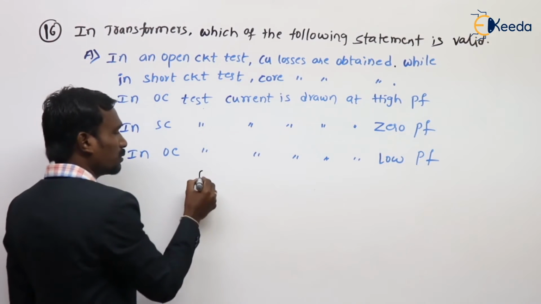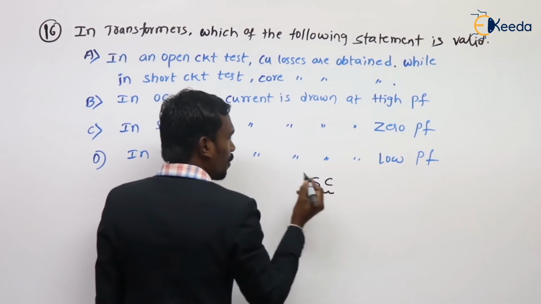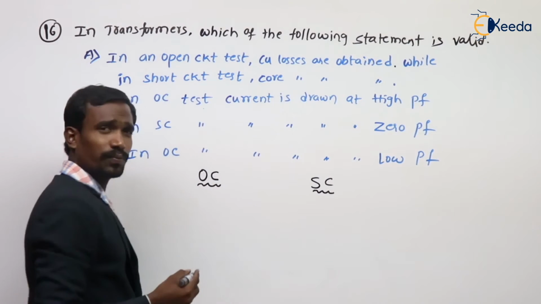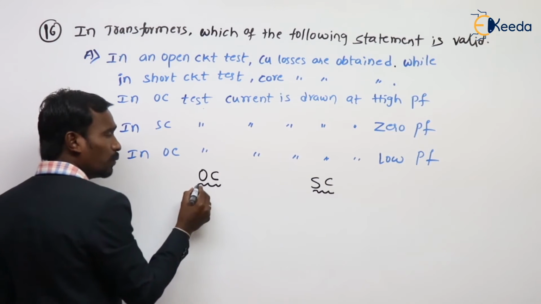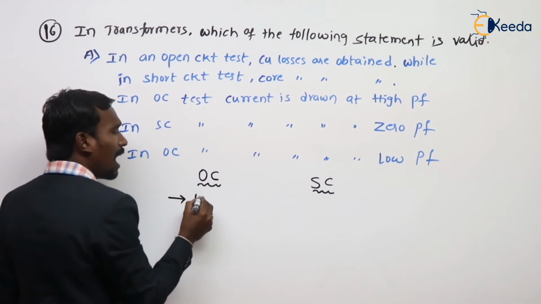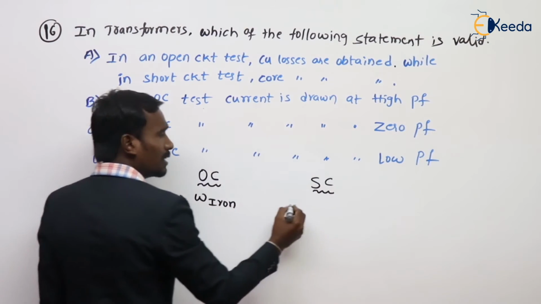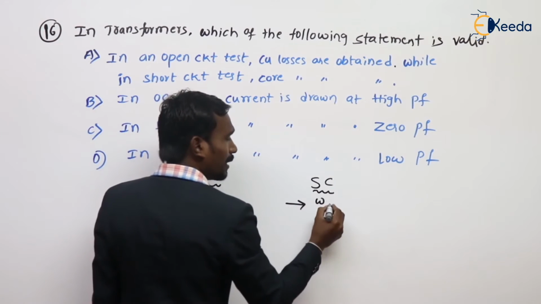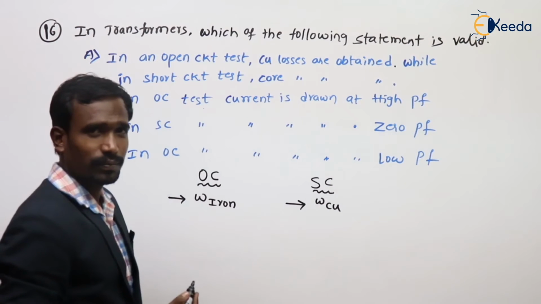So here we have to discuss the OC test and SC test. Generally, in the OC test, the main aim is to find the iron losses. In the SC test, the main aim is to find the copper losses.